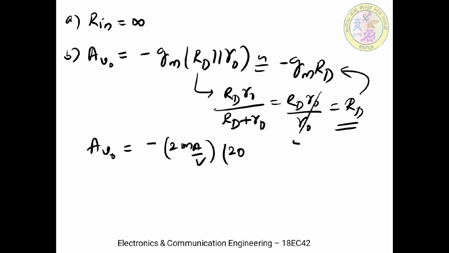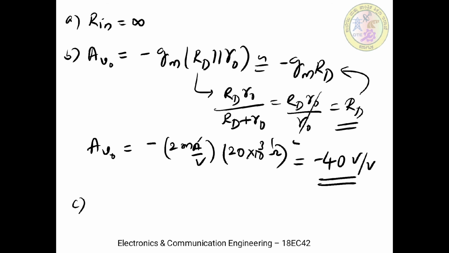Here it will give you minus 40, but in the numerator we have ampere and ohm, so volt. In the denominator volt is there, so we are going to write the unit as minus 40 V by V for AV naught.